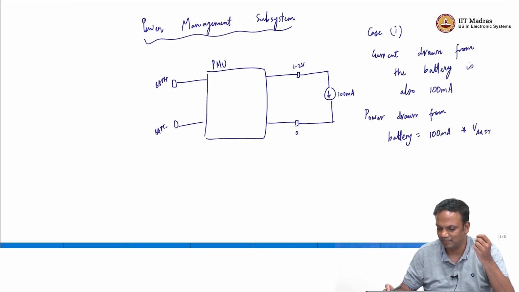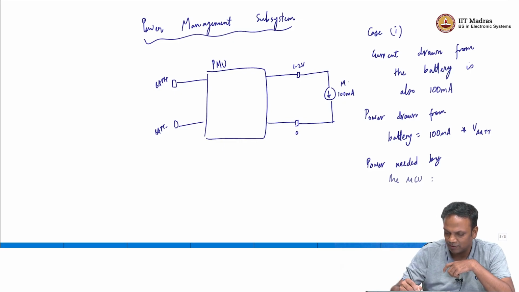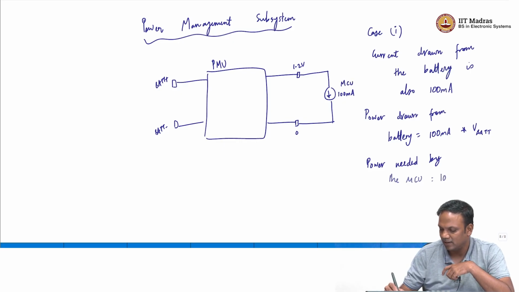Power is V times I, right. Power needed by the MCU is actually 100 milliamp into 1.2 volt, which is 120 milliwatt.